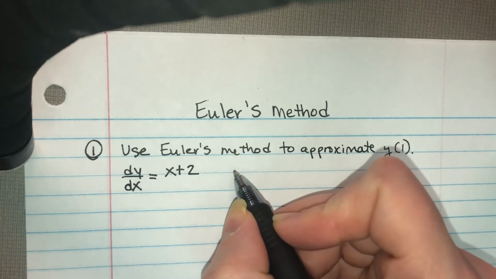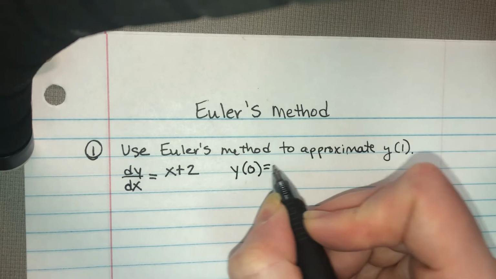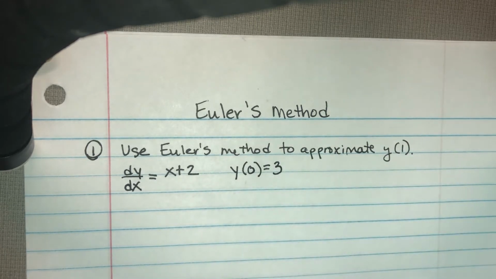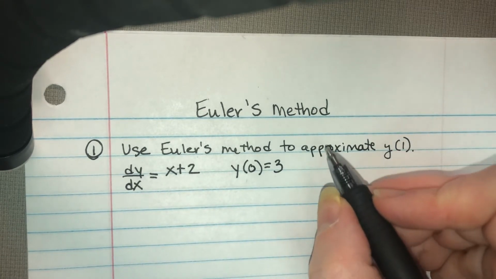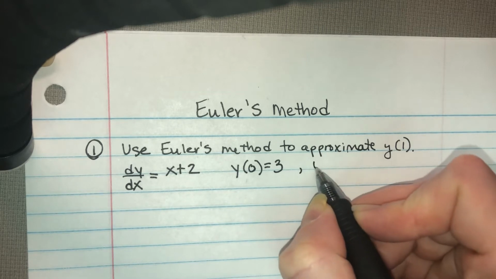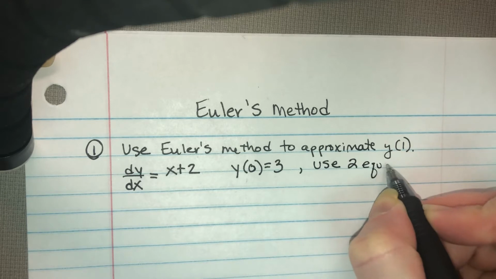We're also given a point, y of 0 equals 3. And we are not going to find this value by integrating. We're going to use Euler's method to approximate the value. We're going to find y of 1, and for this problem, we are going to use 2 equal steps.